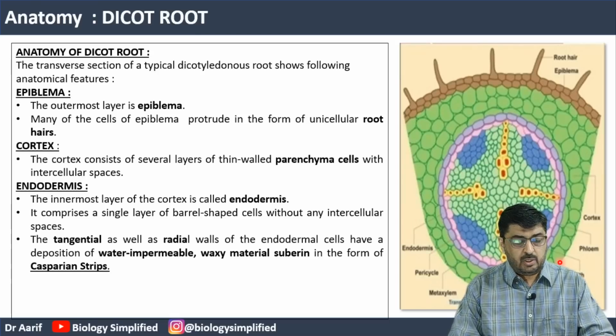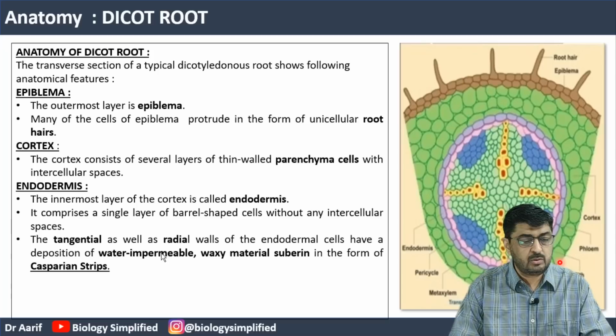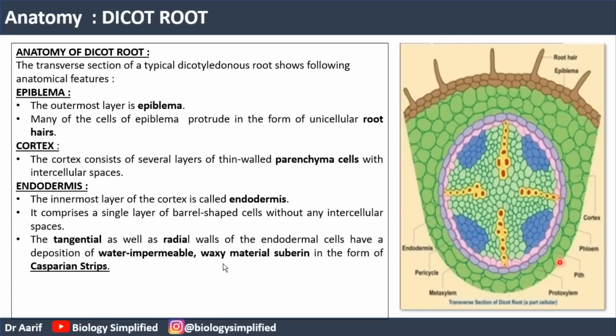Yes, this is what the anatomy of the root looks like. So, what does the transverse section of a typical dicot root show us? We'll go from the periphery to the center.